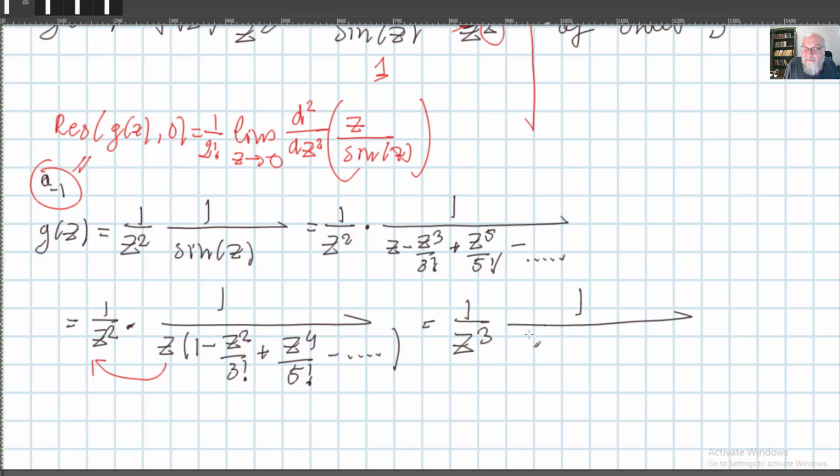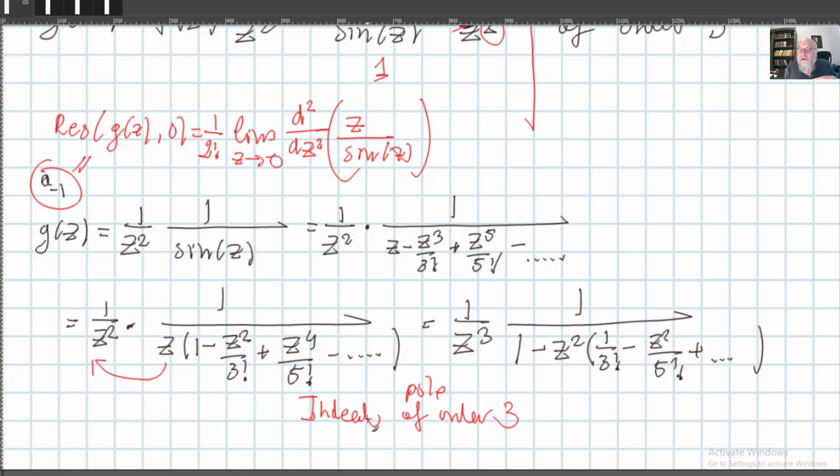Why? Because the function that stands here, 1 minus, pulling out z squared, 1 divided by 3 factorial minus z squared divided by 5 factorial plus and so on, is analytic. If you put 0 here, it's analytic. So this is an analytic function. So the pole is of order 3. Indeed.